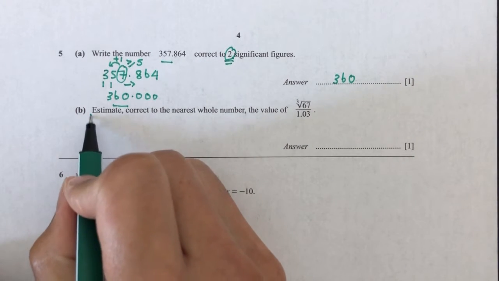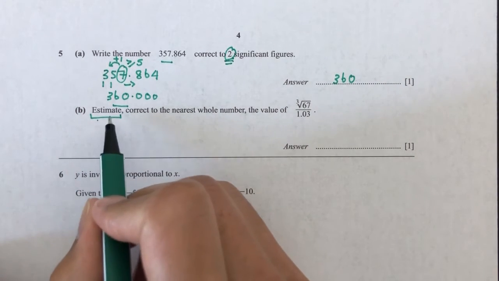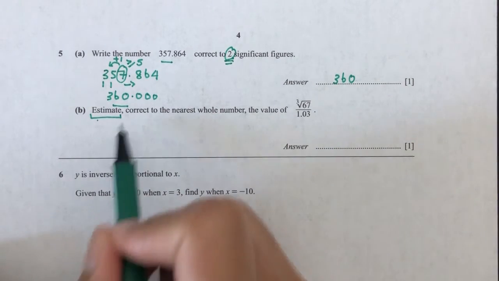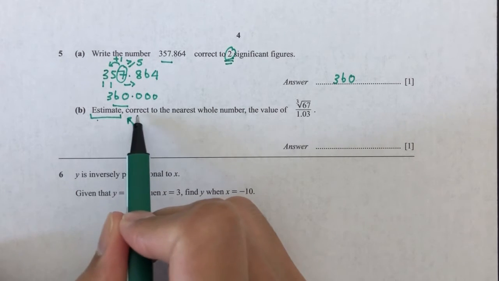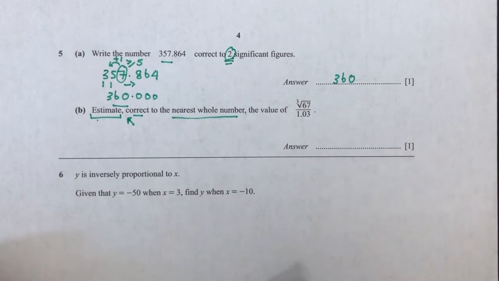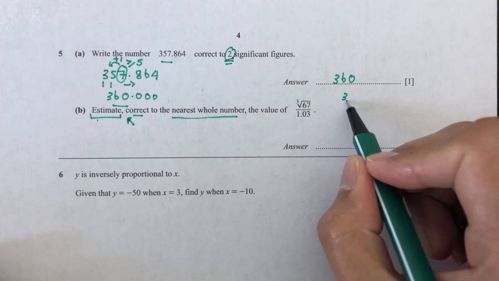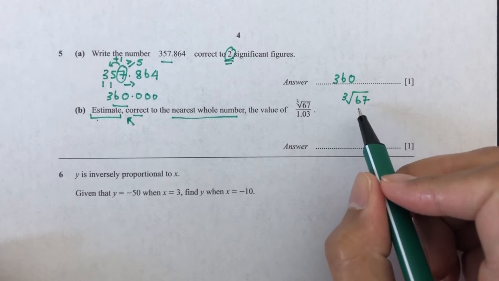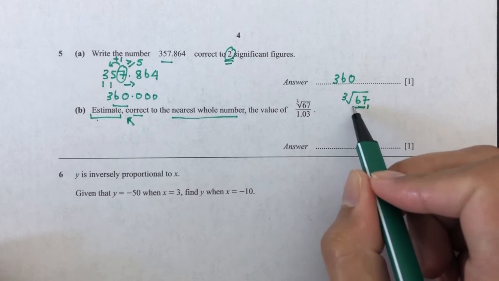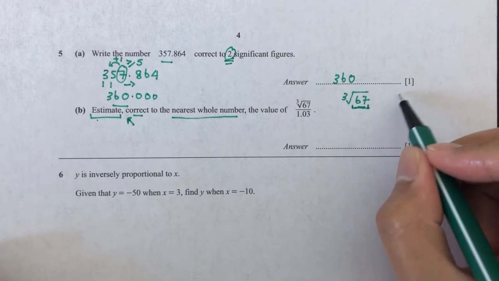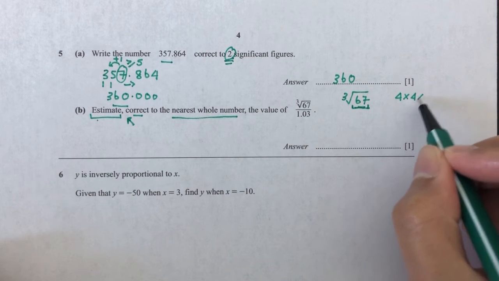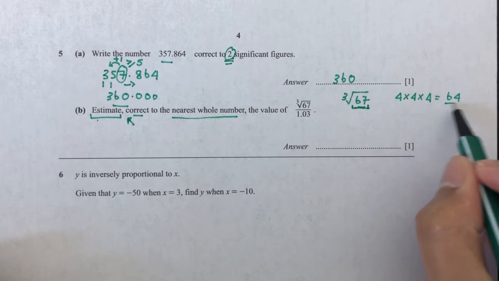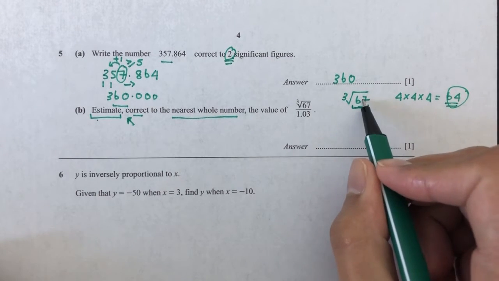Now part B, estimate. When you see estimate, it means you do not need to find the exact value of this fraction. It means something close enough, correct to the nearest whole number. We have the cube root of 67. What is the closest cubic number you know that is close to 67? I know 4 times 4 times 4 is 64, so the closest cubic number to 67 is 64.